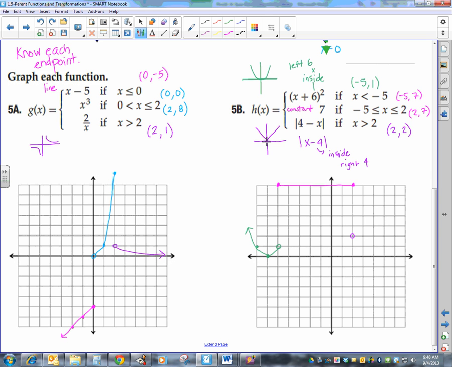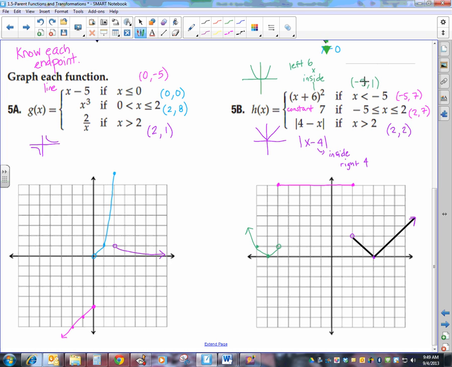That means this vertex point is going to the right 4 units. So I'm going to go 1, 2, 3, 4. And then I know that my slope is 1. So I'm going to connect it. That's really bad. Probably ought to use my straightedge. So you'll get the idea. And it goes on forever and ever that way.